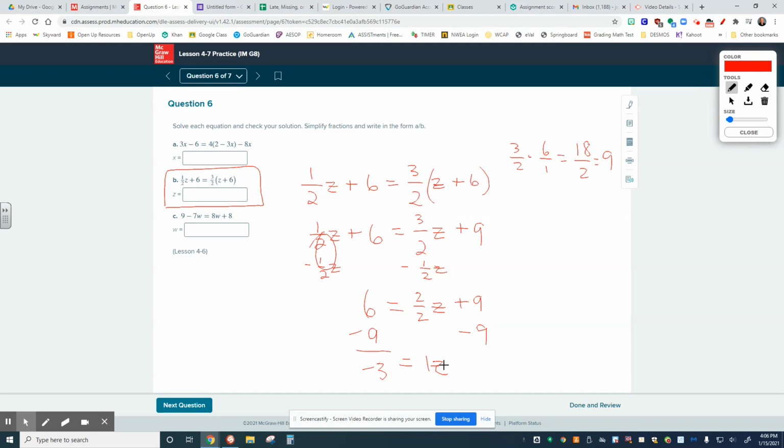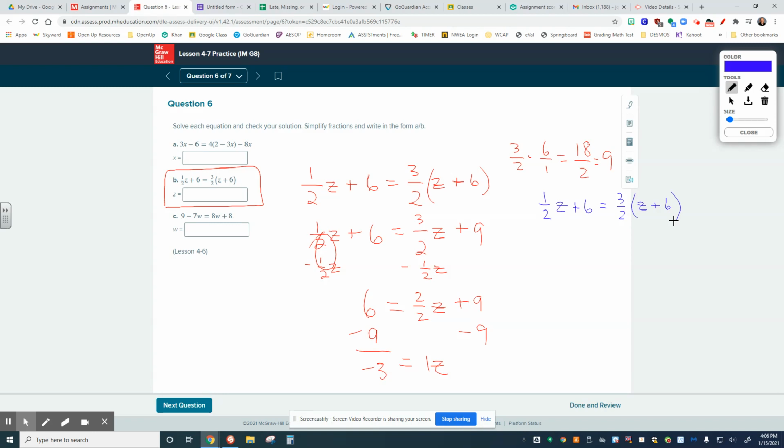Option 2, let's go ahead and change to blue here so we have a contrasting color. Option 2, 1/2 of z plus 6 is equal to 3/2 times the sum of z and 6. I can get rid of the fraction completely by multiplying the entire equation by 2.